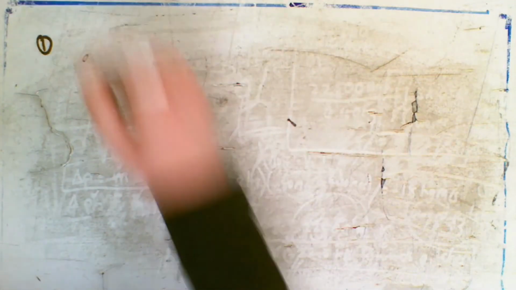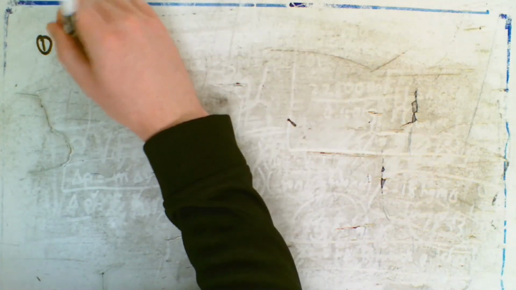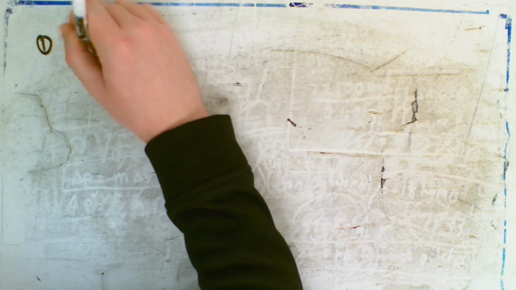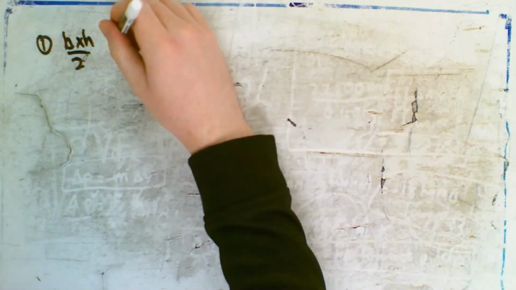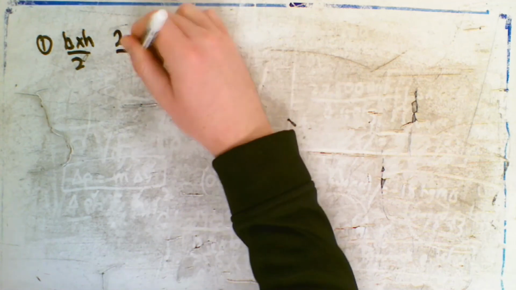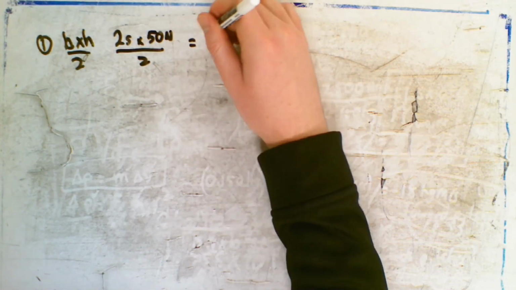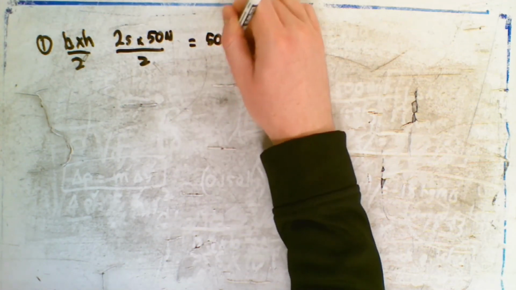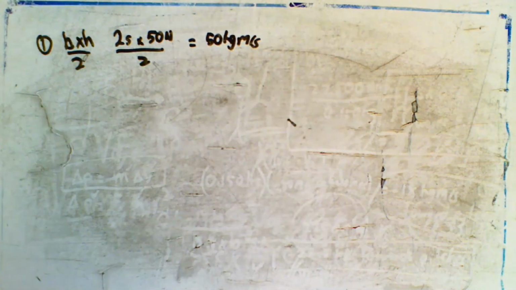So to find it, that's going to be base times height divided by 2 because it's a triangle. And my base is 2 seconds. And my height goes up to 50 newtons divided by 2. So that's going to give me 50 kilograms meters per second.